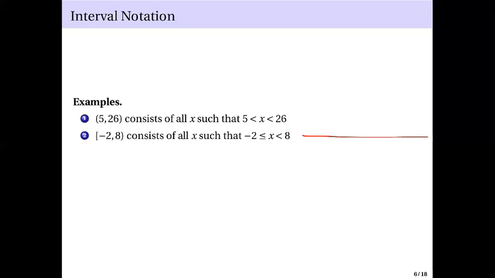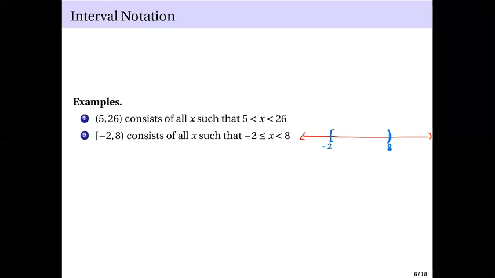So this is your real line. And suppose this is your negative 2 here and then your 8 in here. And then we said we want to include the negative 2. So we write this as a square bracket here and then parenthesis in here.